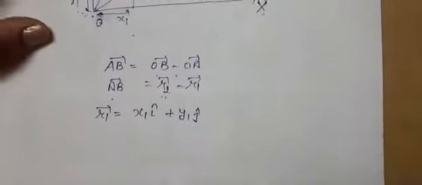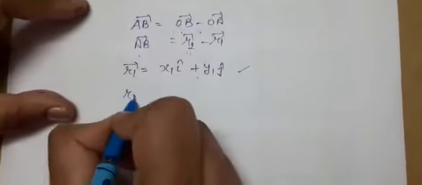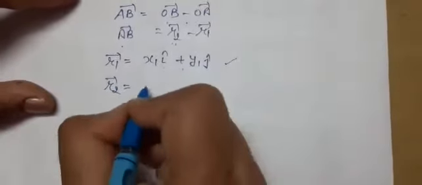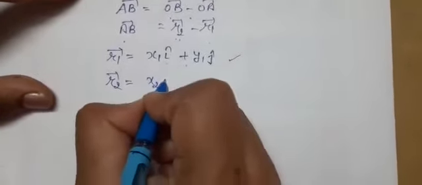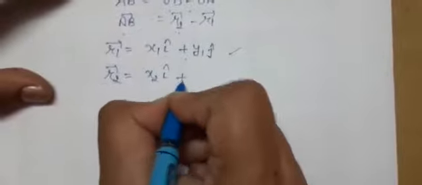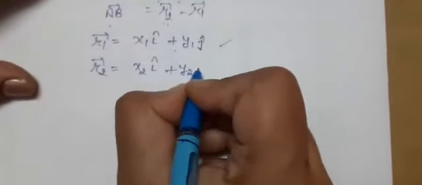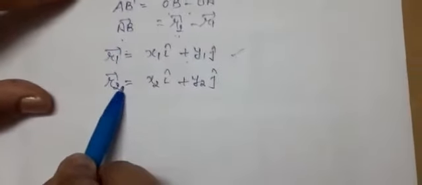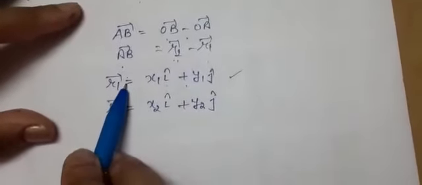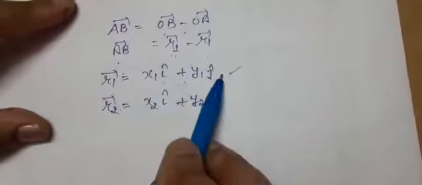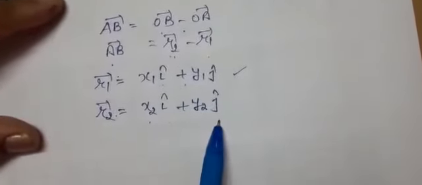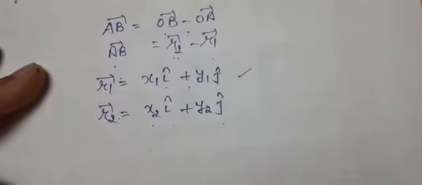So I can write it as x1 i plus y1 j. Similarly, I can write the r2 vector as x2 along the x-axis, y2 along the y-axis, with direction j cap. So r1 and r2 are position vectors along the x and y axes at different times.